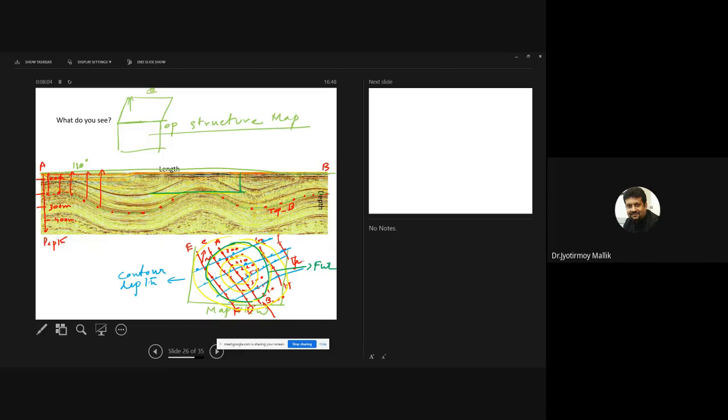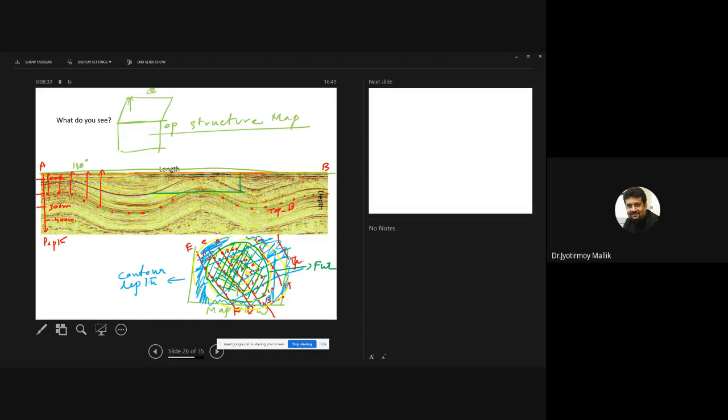Anything above the free water level is essentially my hydrocarbon. So this is where my hydrocarbon is in the top structure map. And below the hydrocarbon, of course, is my water. Here is my water within this top structure.